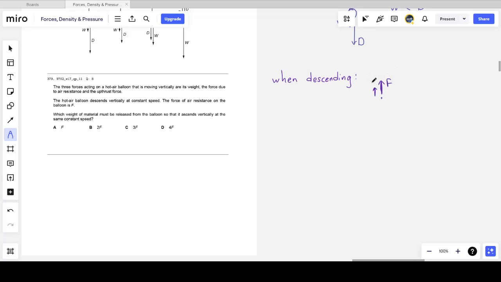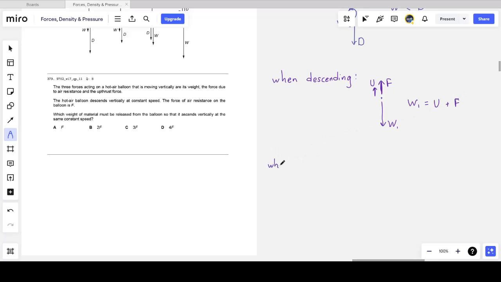There's also an upthrust. That upthrust will be U. And then the weight of the balloon will act downward, W. And the sum of the two upward arrows must equal the sum of the downward arrow. And that's because the balloon's moving at constant speed. I'm going to call this weight W1. W1 is equal to the upthrust U plus the air resistance F.